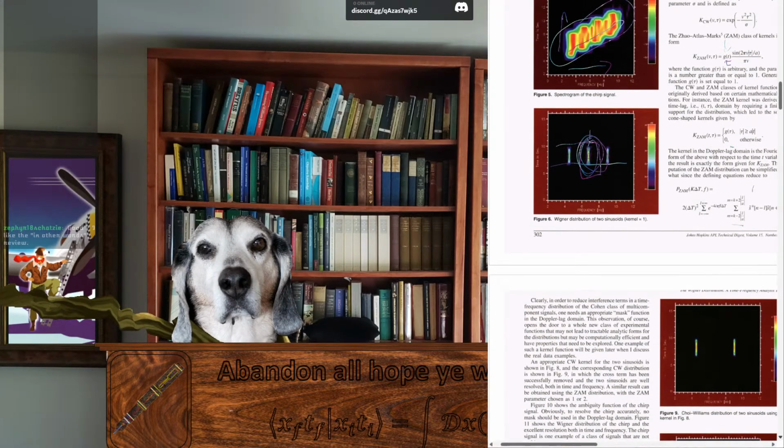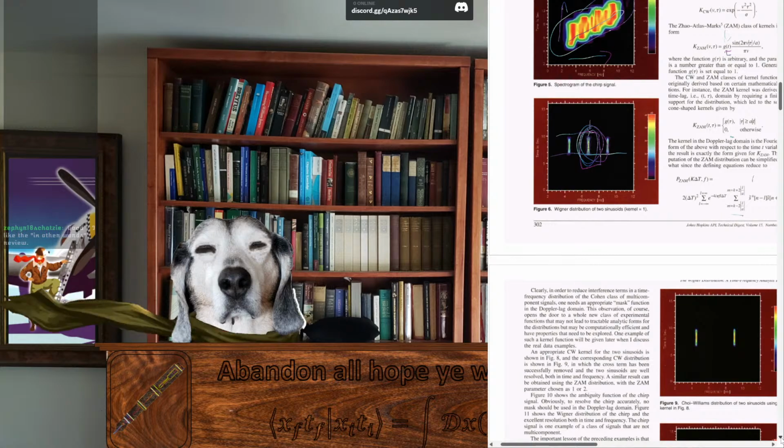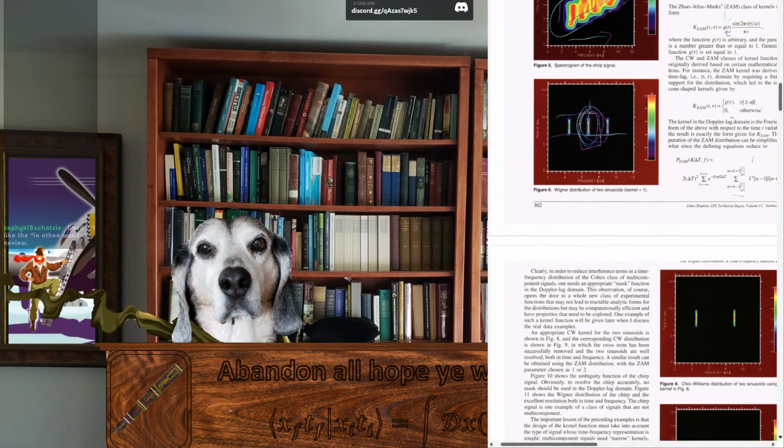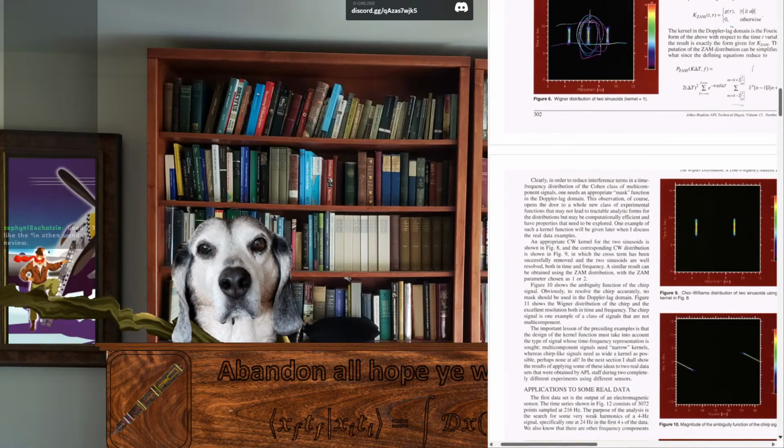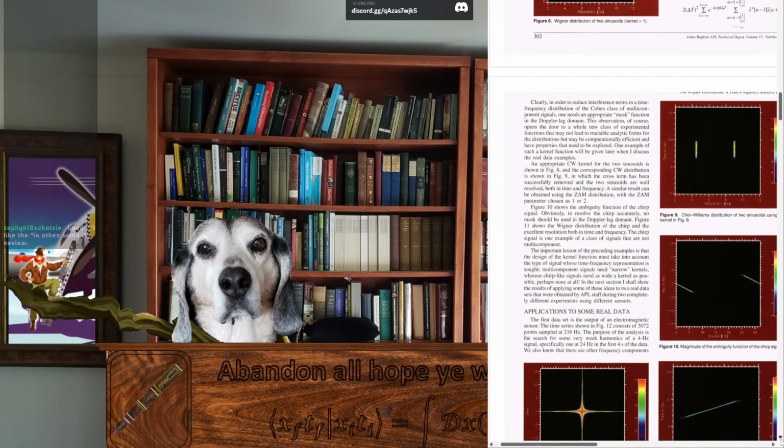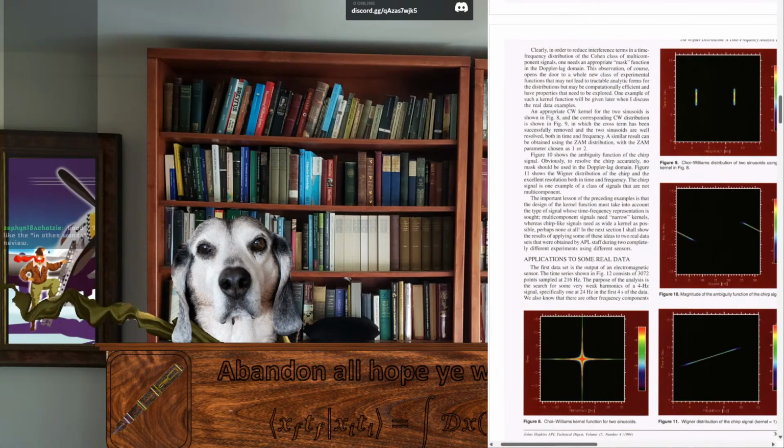Show the distribution of two sinusoids using the kernel. Yeah, see. Does it have the ZAM one? Ambiguity function as a chirp. Oh, interesting.